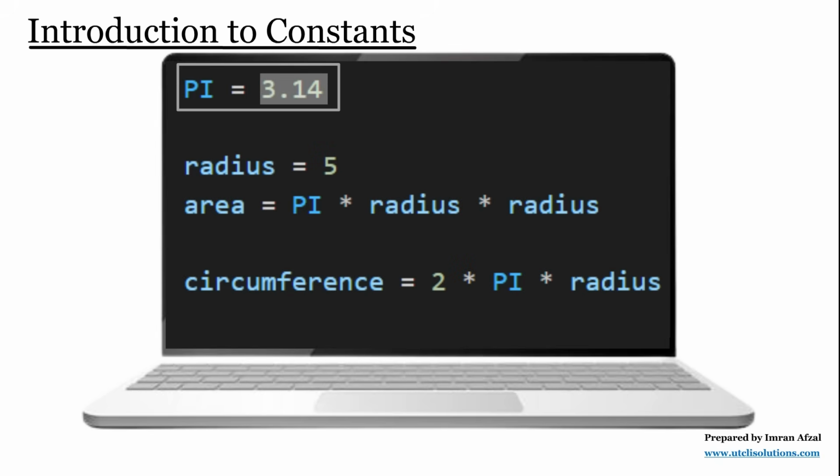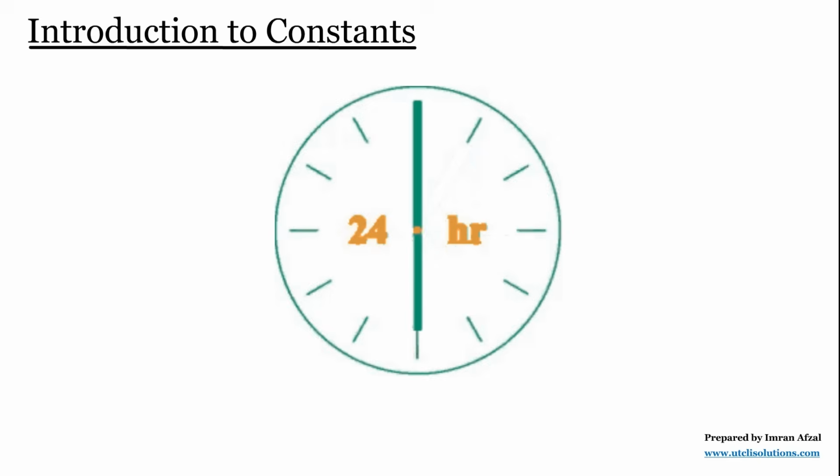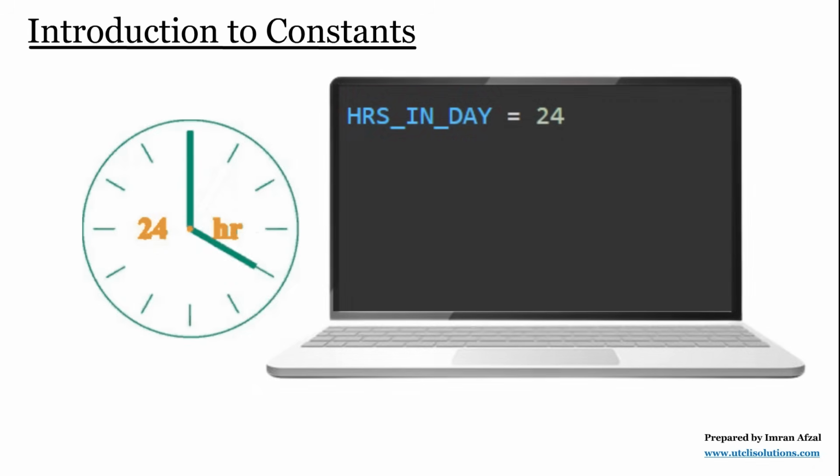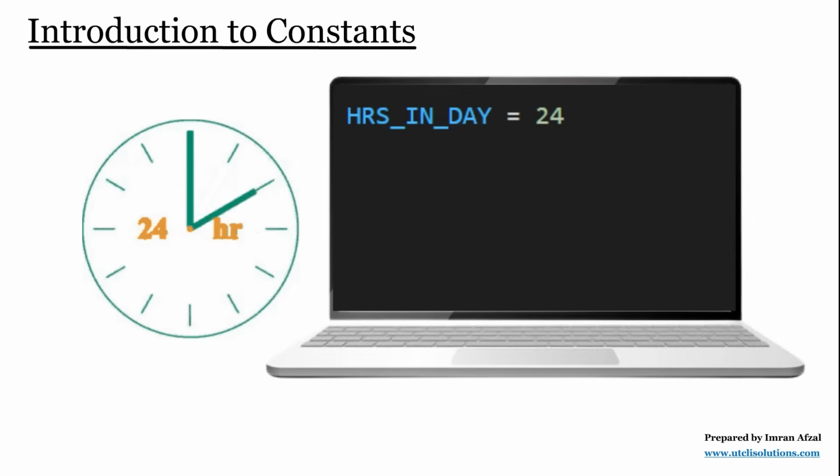For example, if you want to represent the total hours in a day, you can create a constant like HOURS_IN_A_DAY. Let's put an underscore in between each word and set it equal to 24, right? There are 24 hours in a day, right? So that's how we define the constant.